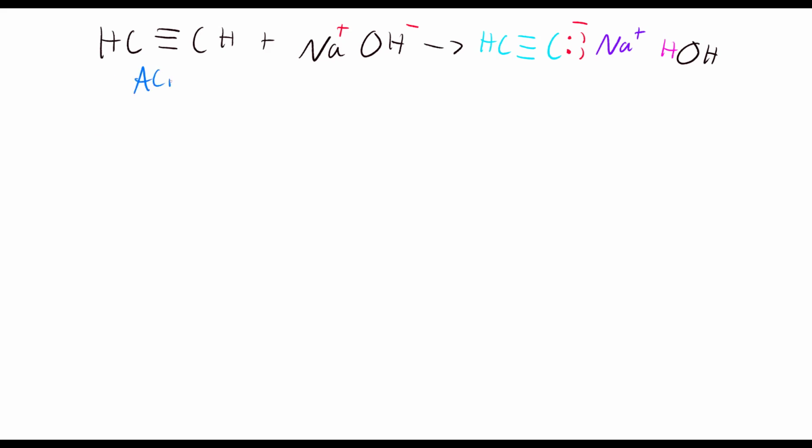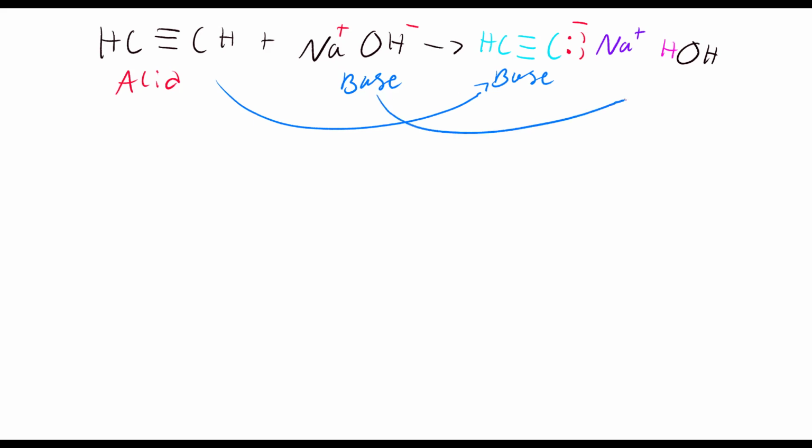Let's write that in red. This is an acid, because it donated a hydrogen, and by process of elimination, this is going to be my base. Whatever was an acid on one side becomes a base on the other side. So this one becomes a base, and this one becomes an acid.